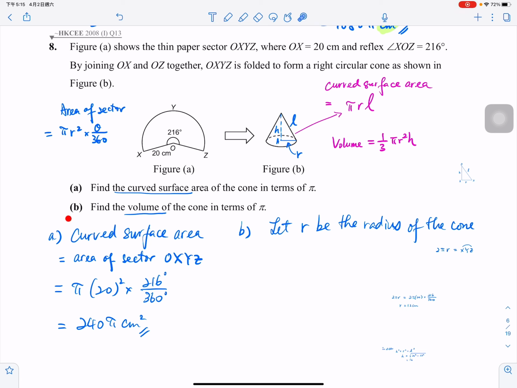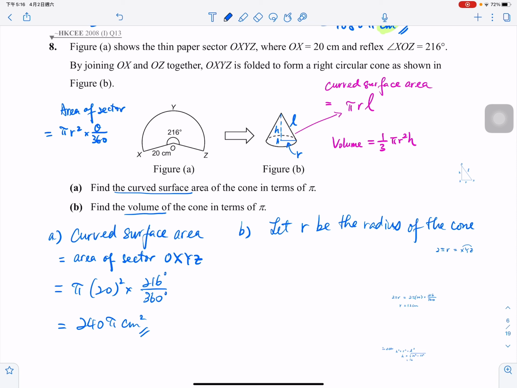Then how about the volume? Just now I asked you one question. Do you remember? The curved surface area is pi r L. Do you know their lengths? R seems not, L seems not. Have a look. Join OX and OZ together to form this.